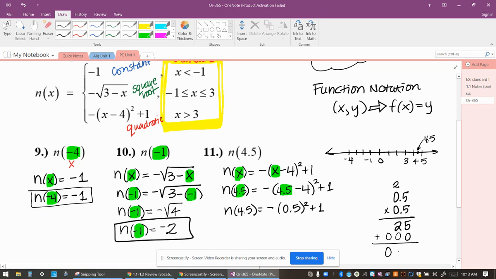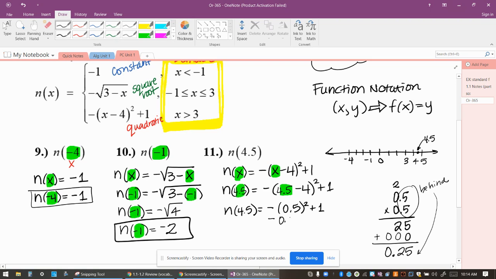When you're multiplying decimals, you have to ask yourself how many numbers were behind the decimal in the original problem. So 2 of them. So your answer should have 2 numbers behind the decimal. So that answer is 0.25. So 0.5 squared is 0.25.